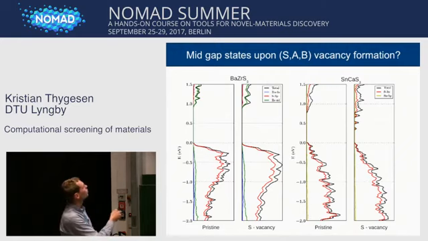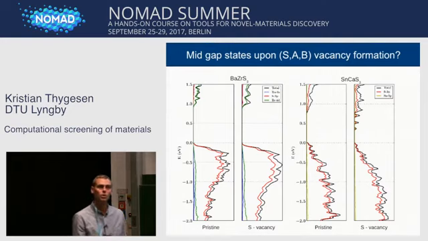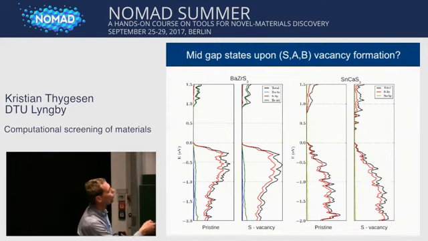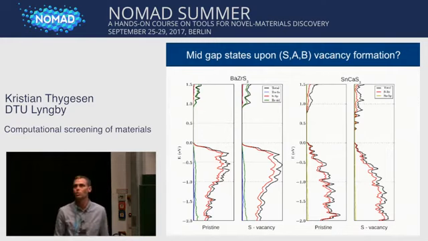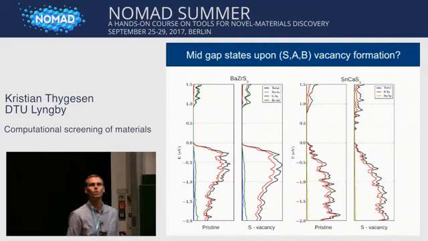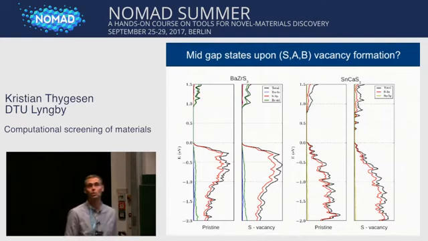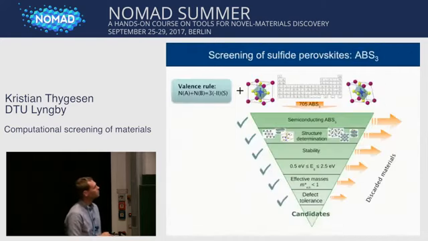And here you can see here for barium zirconium, there is a case where for all the different defects, we still have our electronic structure of the pristine system present, so there are no localized states in the band gap, whereas for this case over here, you can see the formation of localized states in the gap. So this is really a killer for optoelectronic applications of this material, and we exclude all the materials that form deep mid-gap states at this level of the screen.